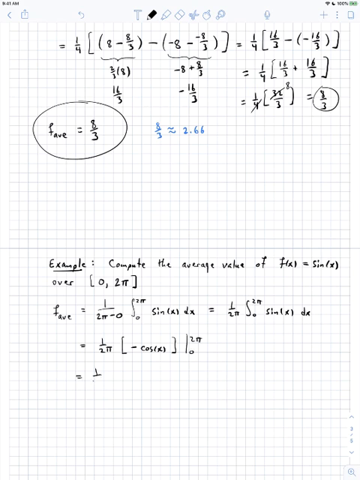So this is 1 over 2 pi times minus cosine of 2 pi, then minus a minus cosine of 0. Cosine of 0 is 1. Cosine of 2 pi is also 1, but that means we have 1 over 2 pi times minus 1 plus 1, which of course is 0. So the average value of sine of x over this interval is 0.